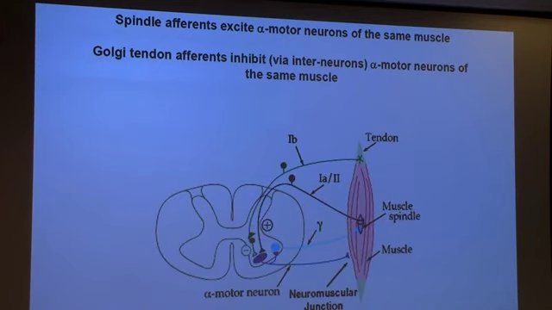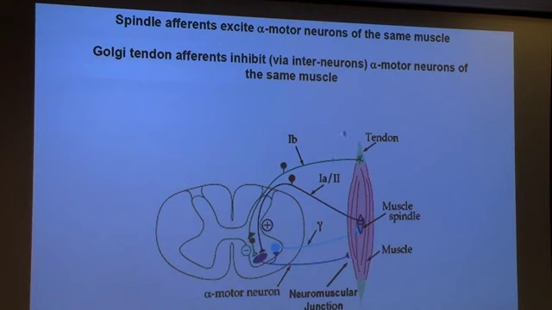Together, you can see from this plot, this is your spinal cord. We have the oculomotor neuron here. Every time we want to move our muscles, we have a signal going down from the brain to the spinal cord to the oculomotor neuron, and then the oculomotor neuron generates the signal to innervate this muscle, and the muscle will contract. When the muscle contracts, you will have two afferent axons going back to the spinal cord.